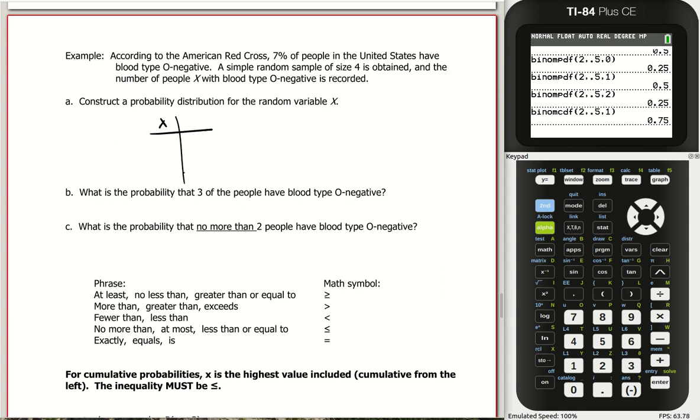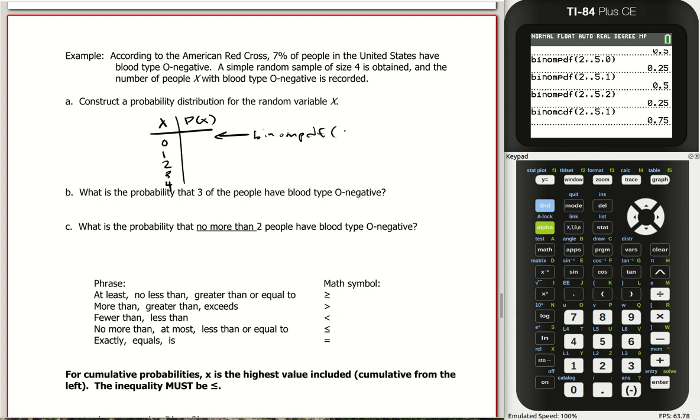So if you sample 4 people, maybe none of them have type O negative, maybe 1 or 2 or 3, or up to all 4 of them could have that blood type. And then we'd put the probability to get each one of those. We would fill in this one by doing just binomial PDF. For example, how about the probability to get none? We can just come in here and go binomial PDF.